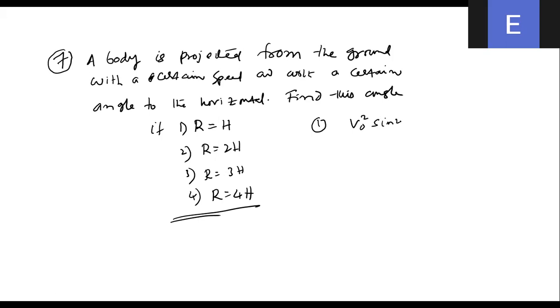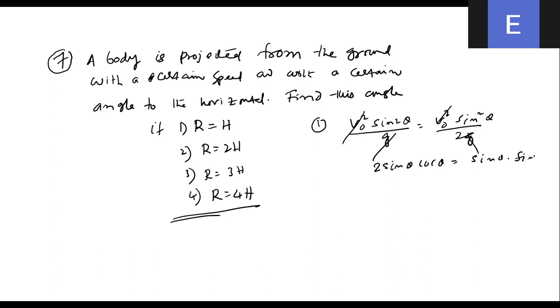Sir, v naught square sine 2 theta by g equals v naught square sine square theta by 2g. That's all. So g goes. Sine 2 theta is written as 2 sine theta cos theta. So sine theta by cos theta is how much? Tan theta equals 2.